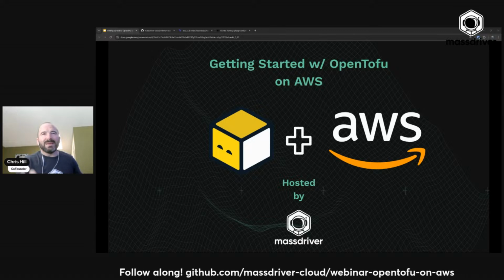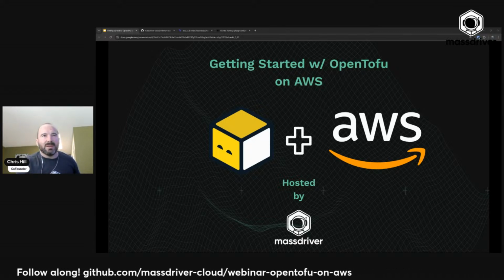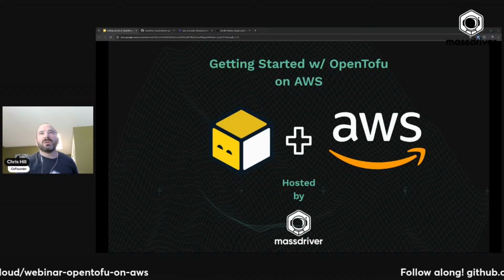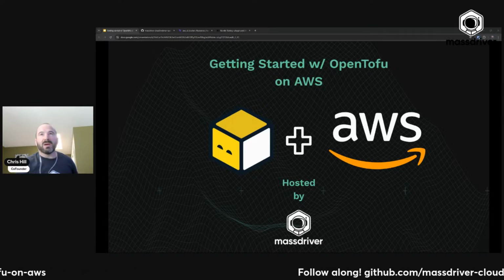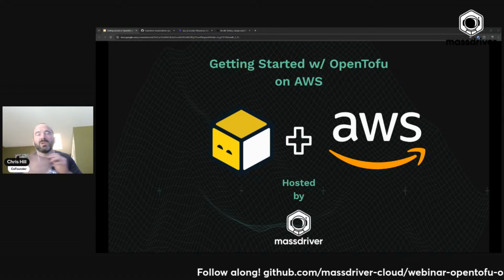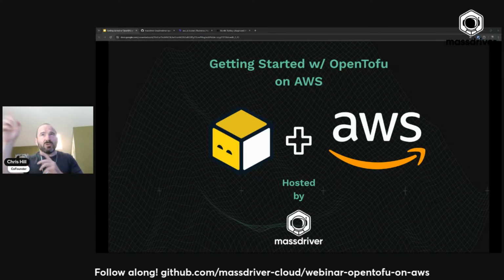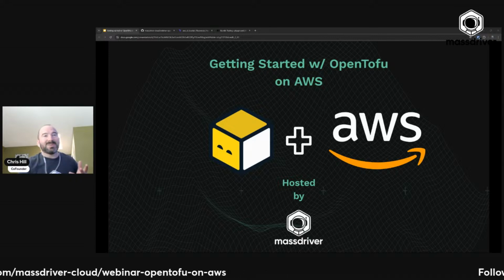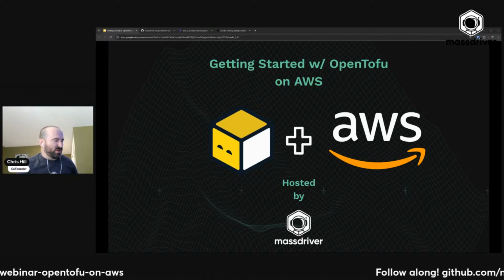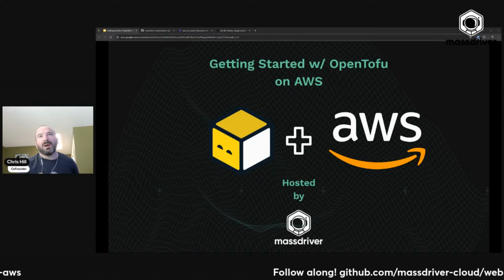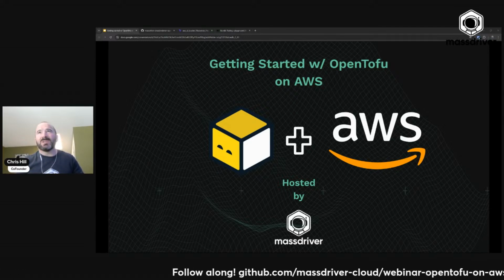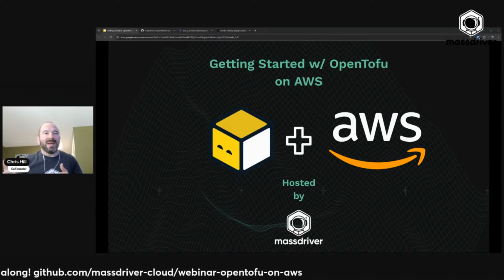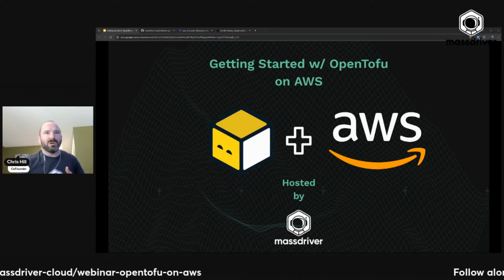I'm going to be linking in chat a GitHub repo that has a lot of materials to go along with the content I'm going to be using, so feel free to clone that and follow along yourself. You also obviously are going to need OpenTofu, so I'm going to share a link to the OpenTofu website, specifically the docs on how you can install OpenTofu. So with that, let's go ahead and get started.